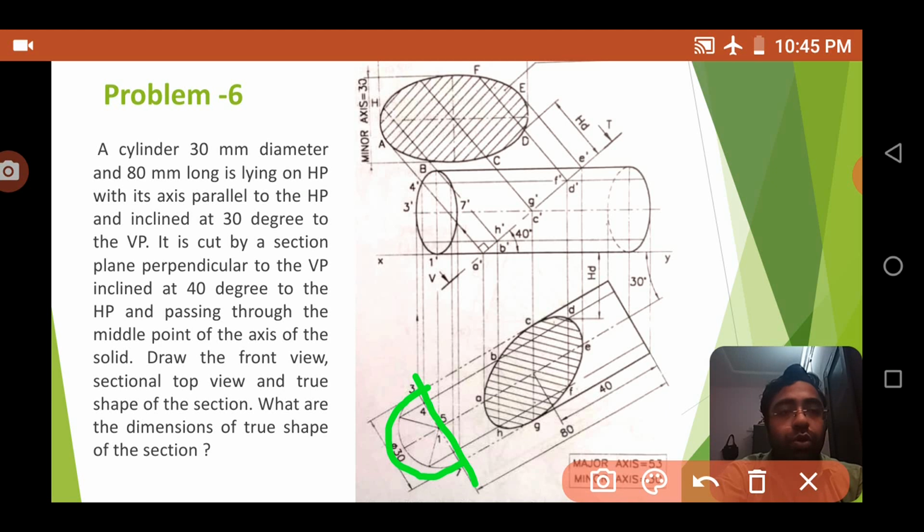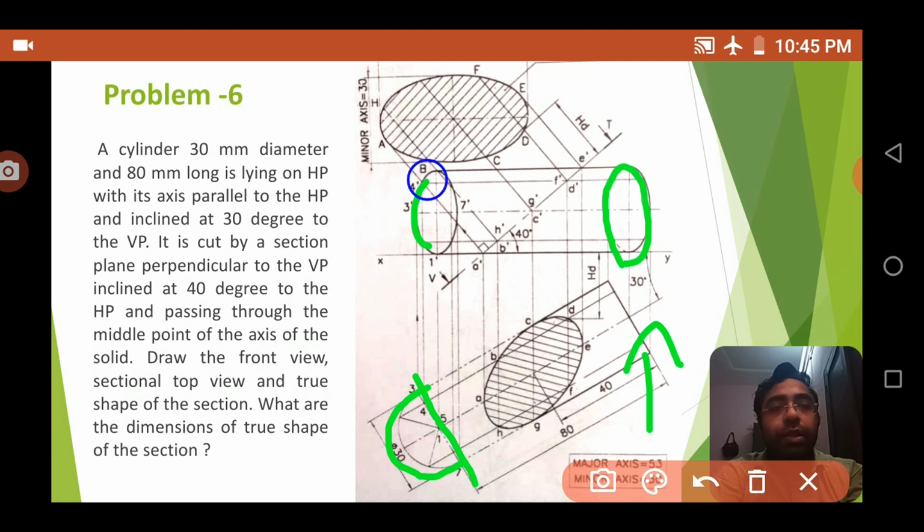When you see the front view, from here to there, you can see the shape of an ellipse. Imagine you have a pipe and you place it on the floor like this; from the front view you can see this side as an ellipse, and this side is also an ellipse.